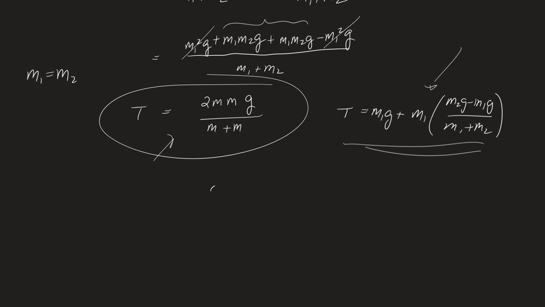And the top is 2m squared g, and the denominator is m plus m, or 2m. No surprise, right? I'm not sure you can see that here. You can see that here.